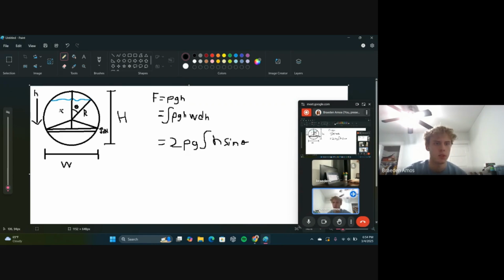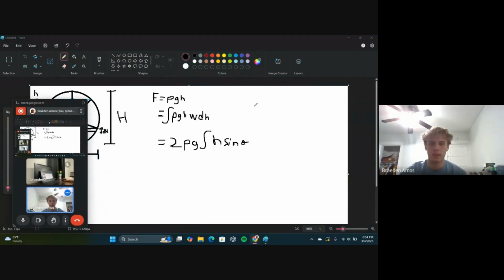This top half is going to be x1. So 2 rho g h sine theta dh, and then the other integral, 2 rho g h sine, let's just say phi, dh.